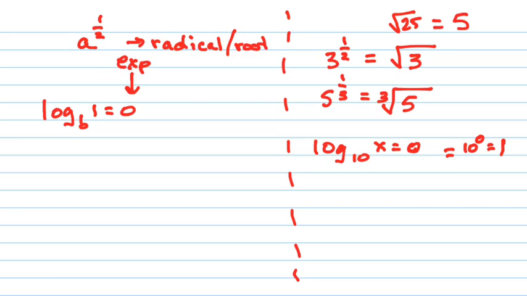So, for example, say you have log base 25 of 5 equals x. In other words, remember that means what exponent, because remember that's where the exponent is, what exponent would I put on a 25 to turn it into a 5?